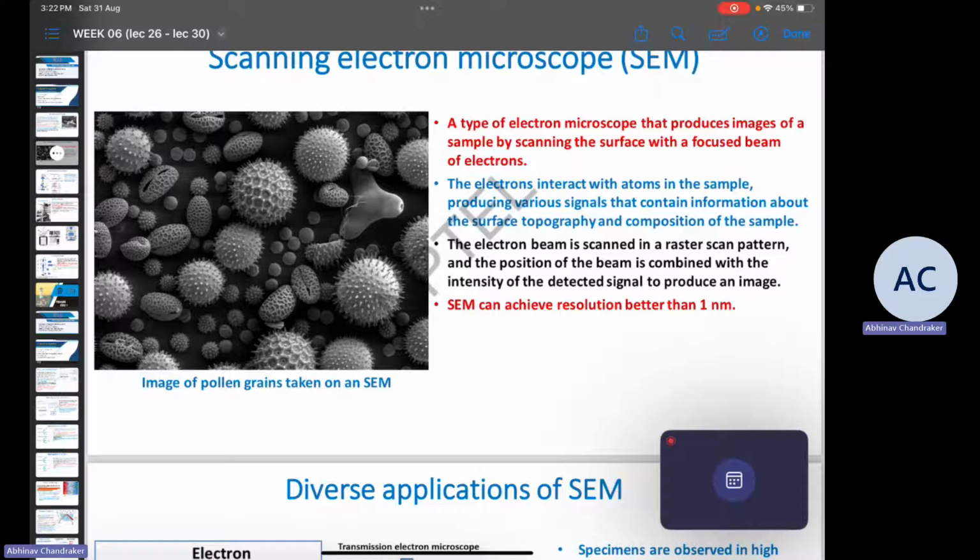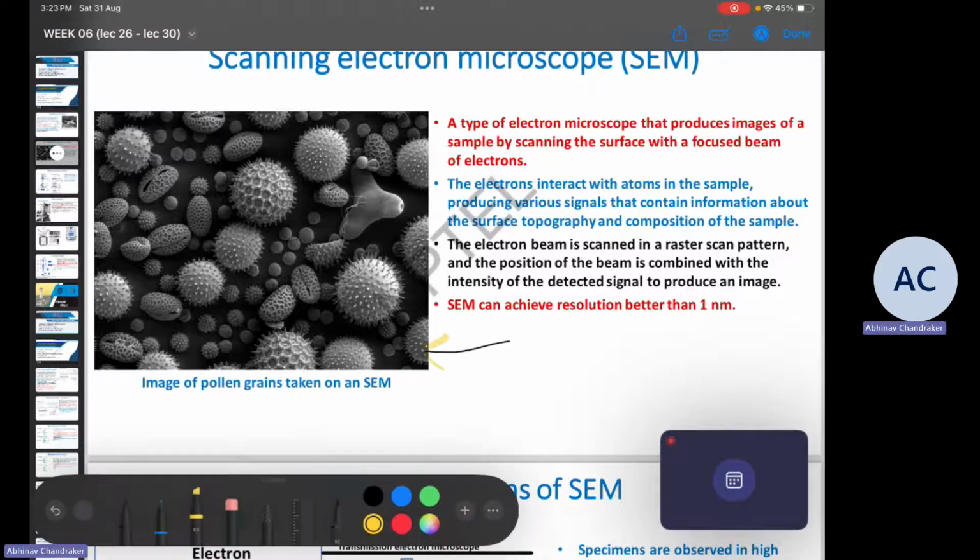By scanning in this fashion, the signal generated from each point is shown in an image, and in that manner a whole scan area can be seen on a computer screen.